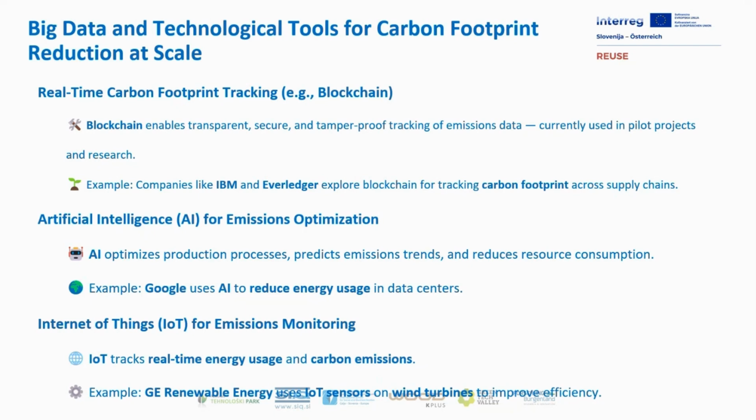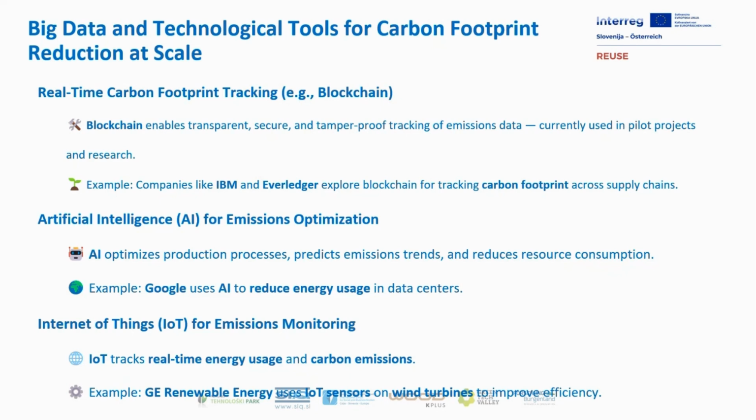In the modern business landscape, big data and advanced digital tools are playing an increasingly important role in how companies track and reduce their carbon footprints. These technologies enable real-time monitoring, predictive analytics, and precise tracking of emissions, helping businesses identify hotspots and optimize operations. Emerging technologies such as blockchain are also being explored, especially in pilot projects and research initiatives across Europe.